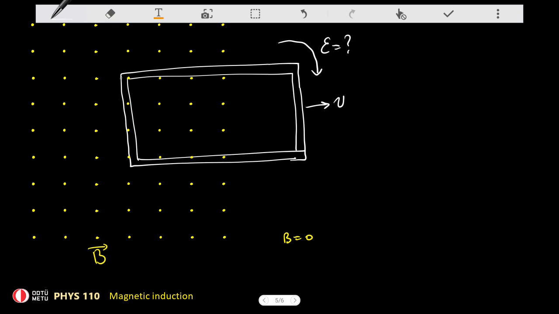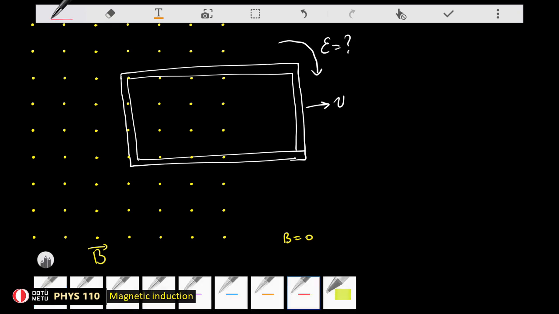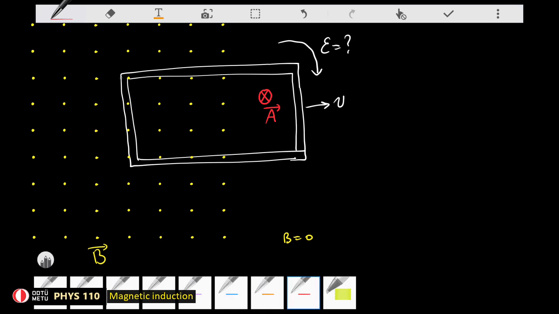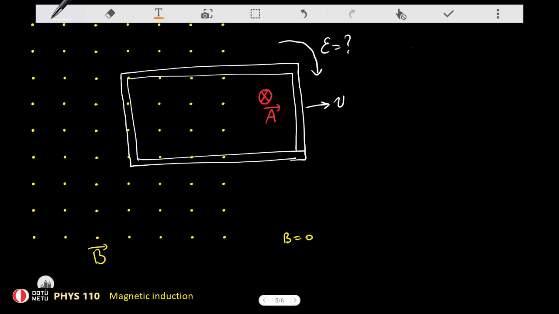Okay, so by the right-hand rule, I need to choose the area vector to be pointing into the screen. Area vector is now pointing into the screen, which means flux is the same expression again. It's the B dot dA, but since the magnetic field is uniform, this is the dot product of the magnetic field with the area of that part again.